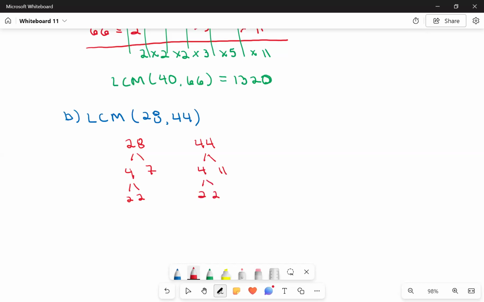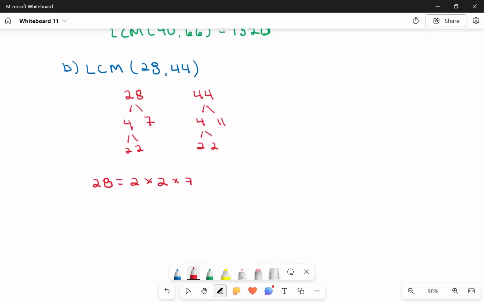Okay, this one's a little more boring, I think, compared to the last one. All right. So 28 is 2 2s and then a 7. And I can actually write that just in that order because 11 will go after the 7. So 2 times 2 times 7. Okay, so then for 44, we have 2 times 2, and now I'll skip and put the times 11. Okay, and now I'm going to bring all the numbers down here.